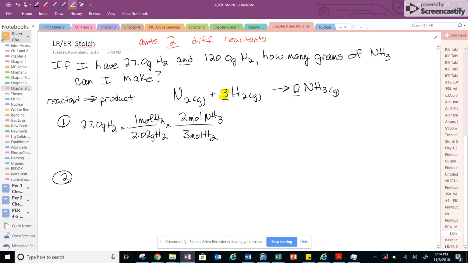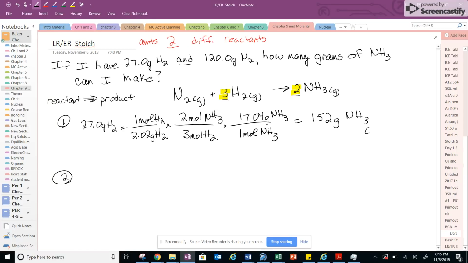So this is my 3-to-2 ratio, that's my stoichiometry. And if I want to convert moles of ammonia into grams of ammonia, I get the molar mass from the periodic table. And this says I can make 152 grams of ammonia.